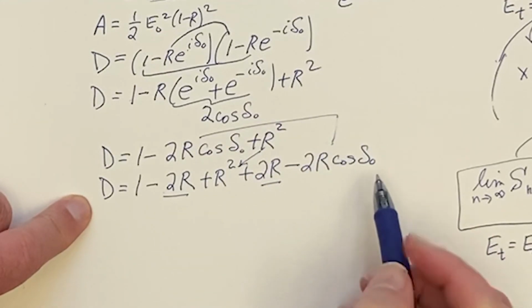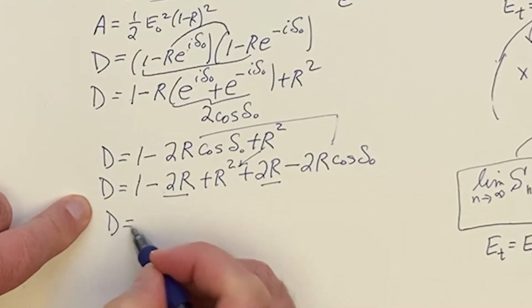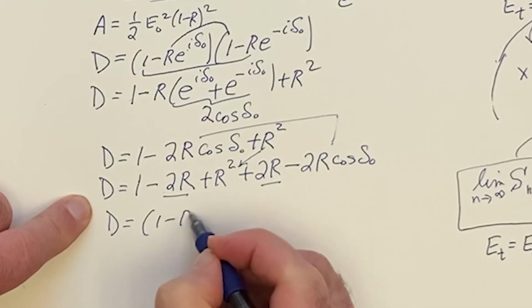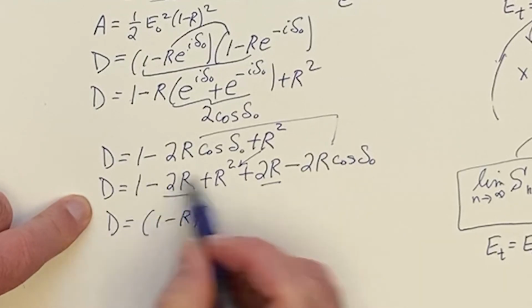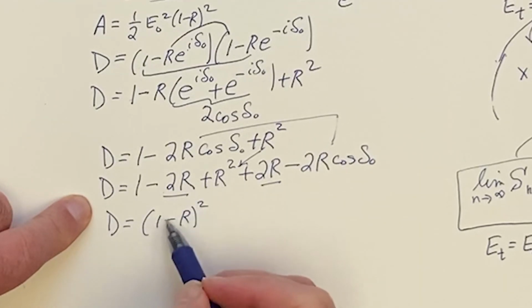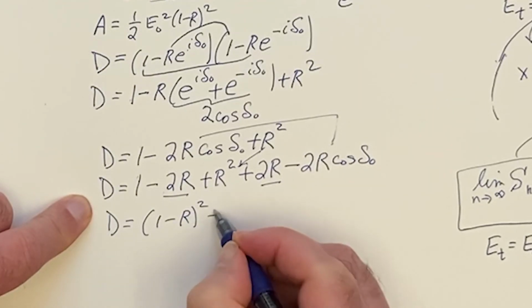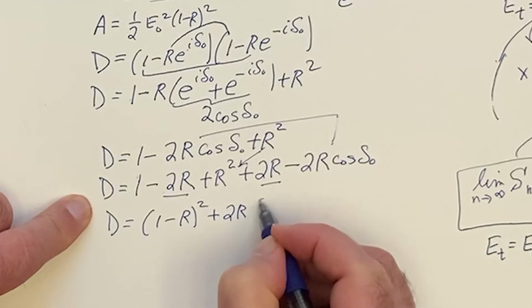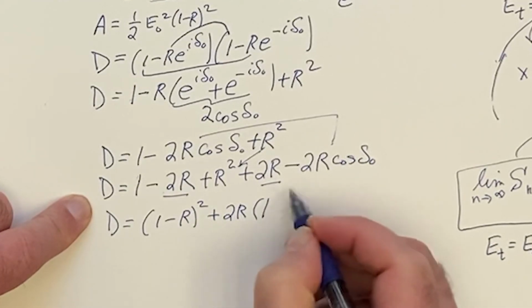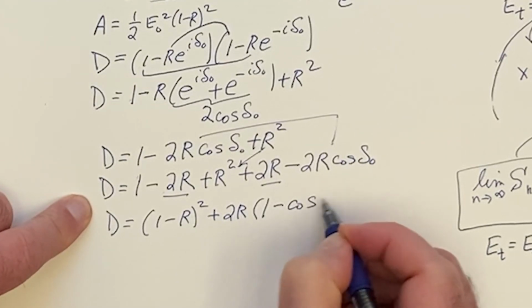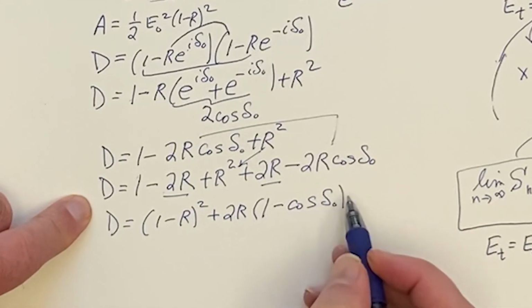So once I have this, I'm going to now notice that this is 1 minus R quantity squared. So, if I square this, I have 1, cross terms minus 2R, and then plus R squared. And then over here, I have this cool factoring. I can factor out the 2R and get this nice result.